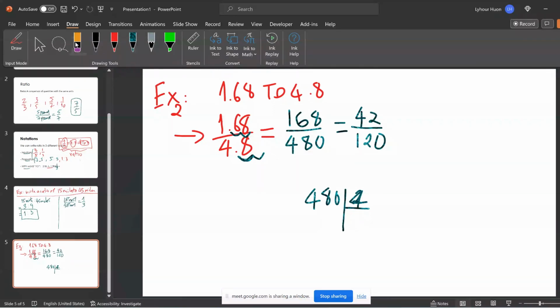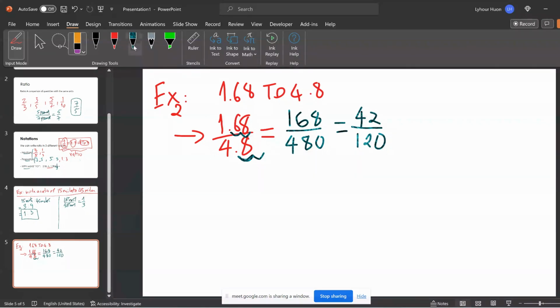Now, is this fraction already reduced, already simplified? Yes, we can simplify more.